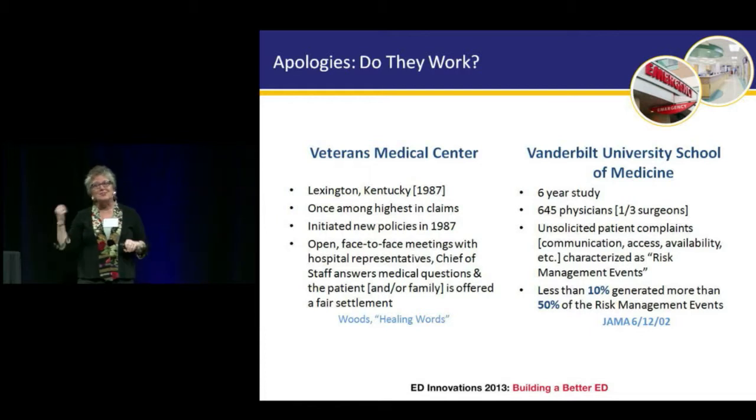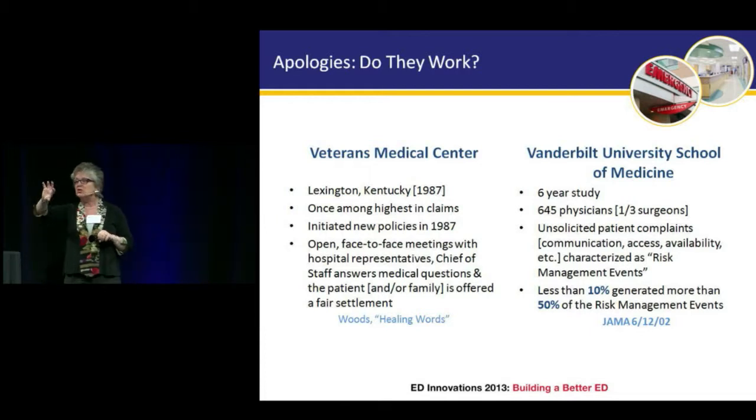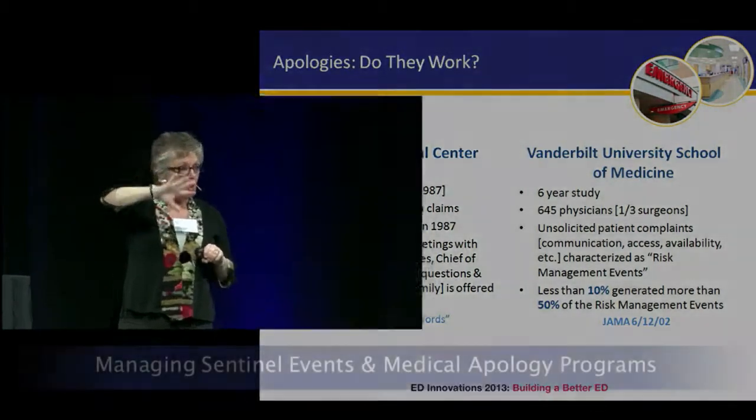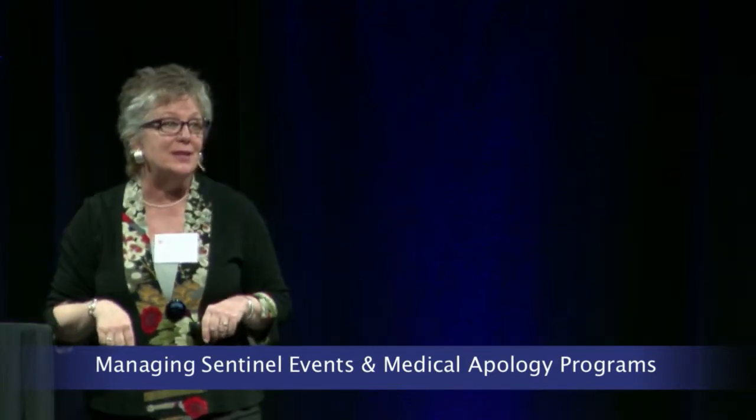They started as early as the 80s, changing the philosophy from let's circle the wagons and be quiet to let's talk about what happened and express regret or appropriate apology. And what they found out is claims plummeted. It became so successful that it is what the entire VA system does now. They're very open about apology, and it all started with Lexington.